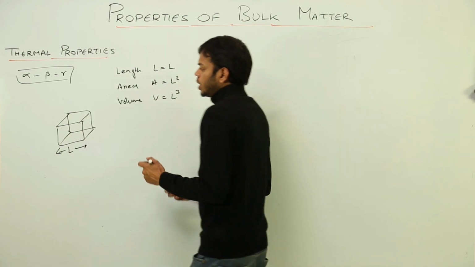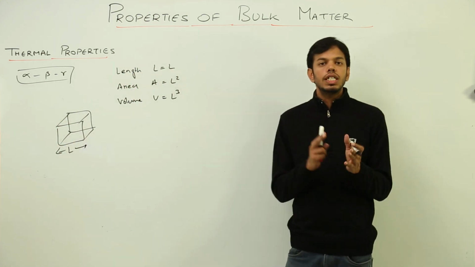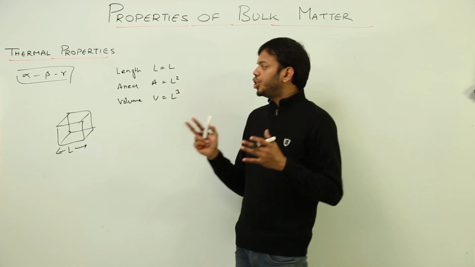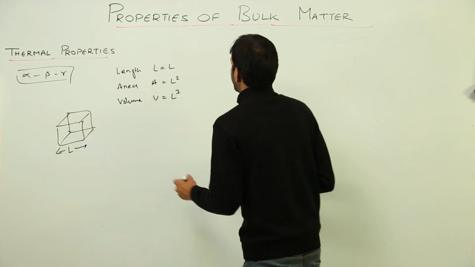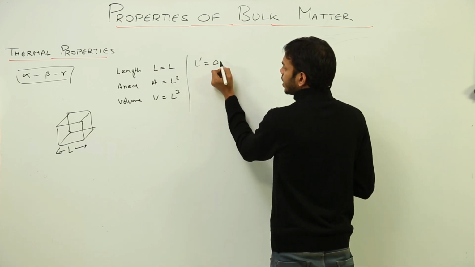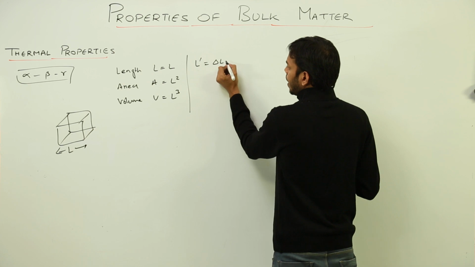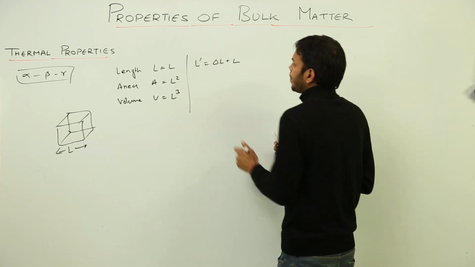Now suppose initially the temperature was T1 and finally the temperature is T2. Suppose there is a delta T change in temperature, due to which there is a small increase in length, that is, the final length becomes L dash, which is delta L plus L. That would be the final length, change in length plus original length.